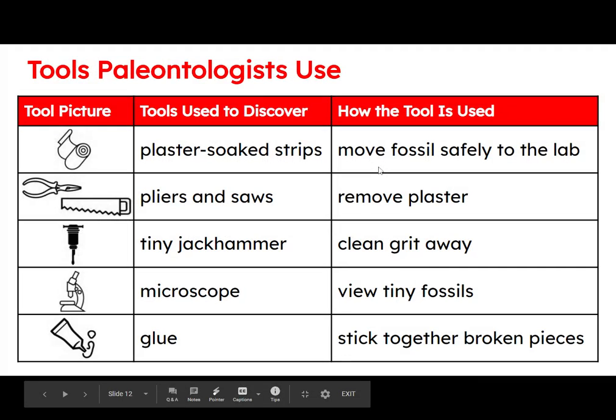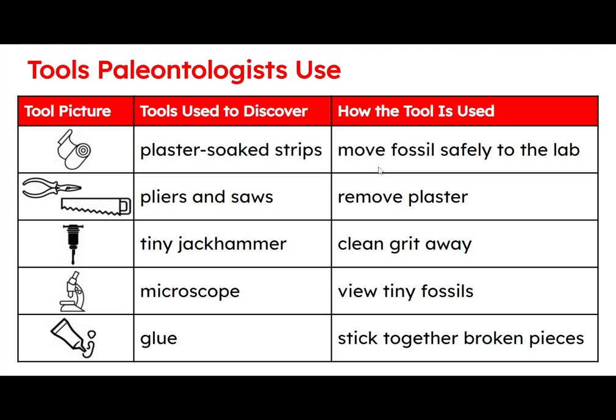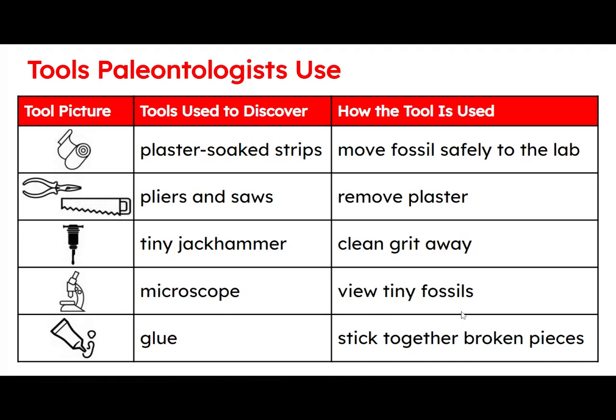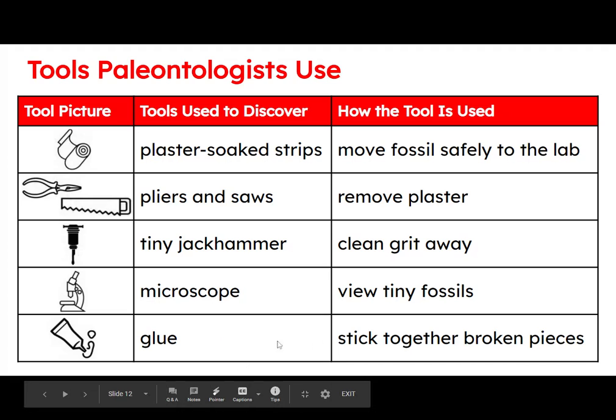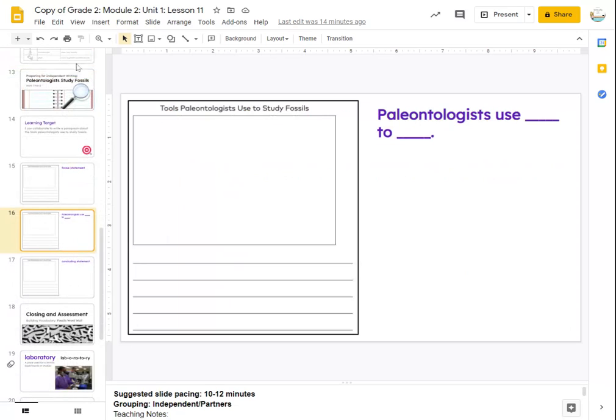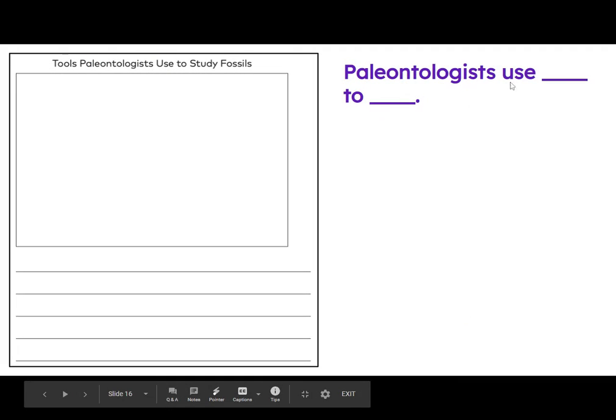So you could say a paleontologist uses a microscope to view tiny fossils. Paleontologists use tiny jackhammers to clean grit away. Paleontologists use glue to stick together broken pieces. Okay, so you're going to pick a new tool and do just like you did yesterday. Okay, and you're going to fill in the blanks. Make sure to write it in a complete sentence.